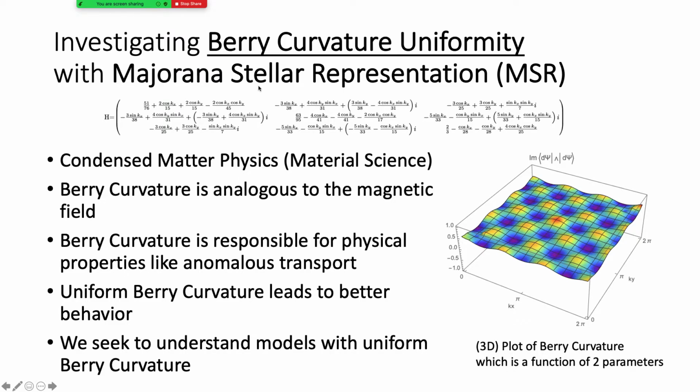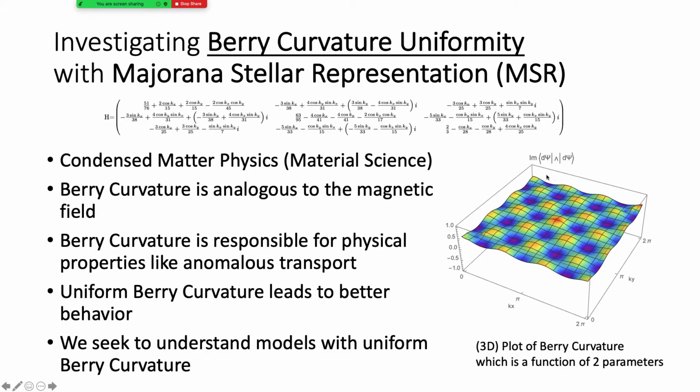Okay, so one question that I asked in my paper is, why do some 3x3 matrices have a Berry curvature that looks very nice, like it's very uniform and very flat? This question is interesting because Berry curvature is responsible for physical properties like conductivity, and a more uniform Berry curvature leads to better behavior for the materials.